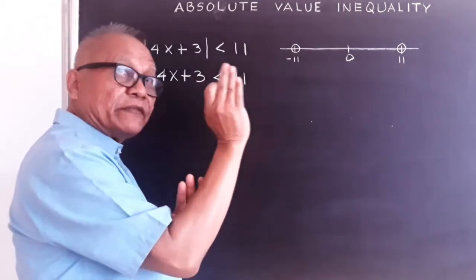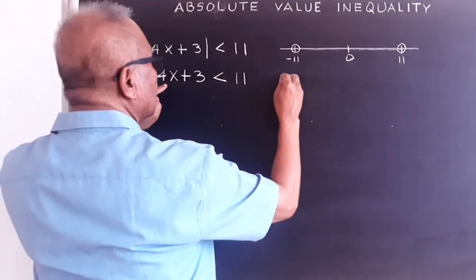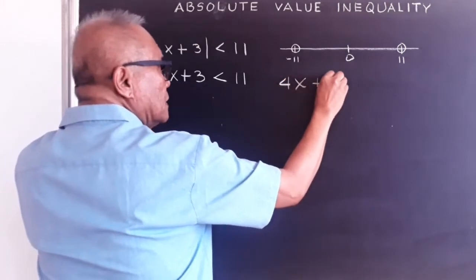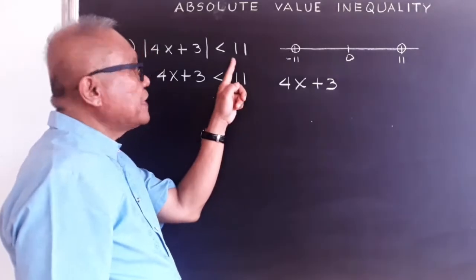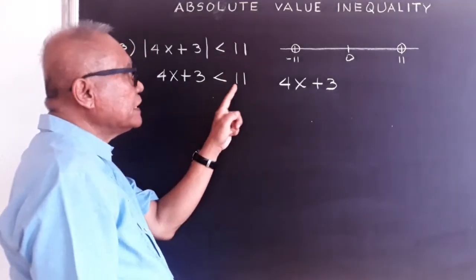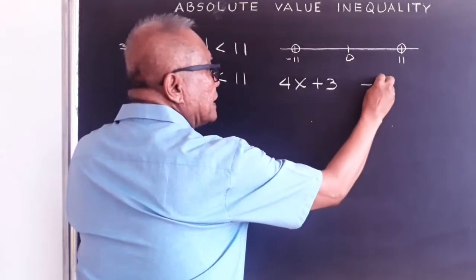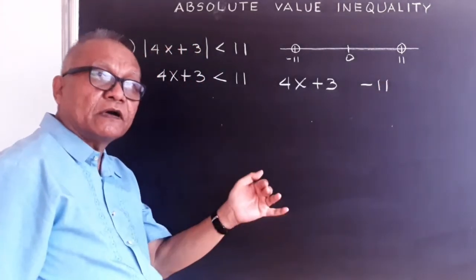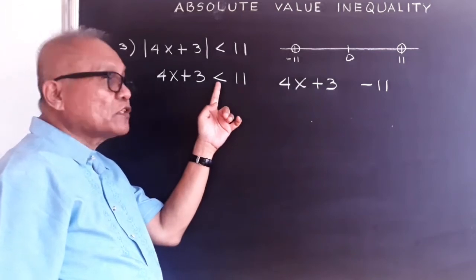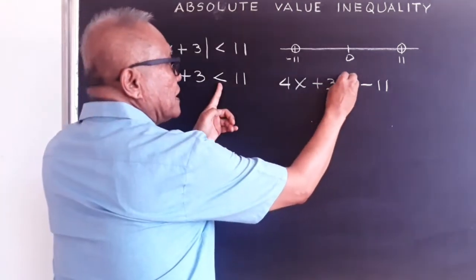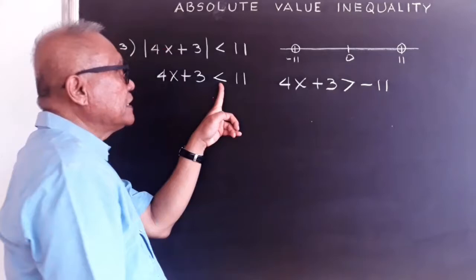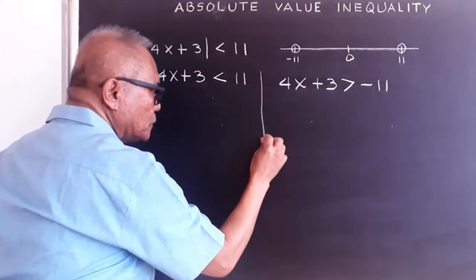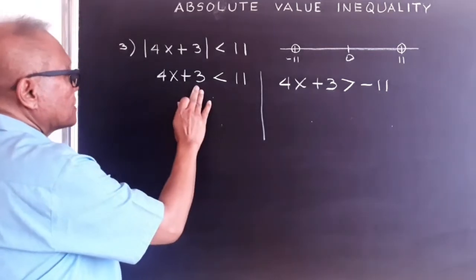When we multiply it by negative here, it will become 4x plus 3, negative times 11, it will become negative 11. When we multiply it by a negative sign, what happens to the orientation? It will change its orientation, and now it is greater than. Then we solve these two inequalities. So let's solve this one.